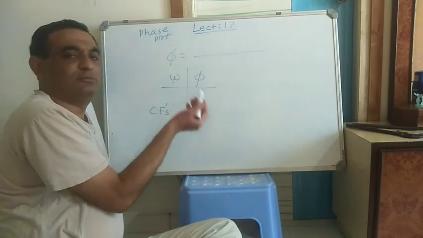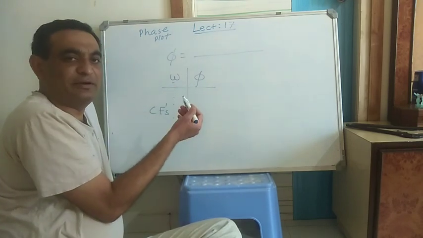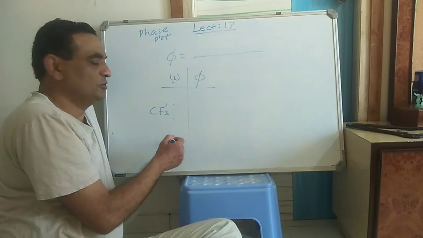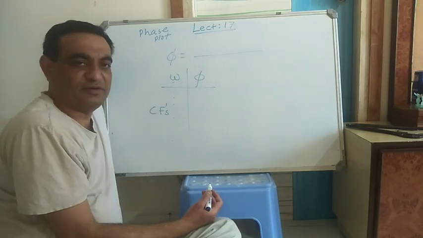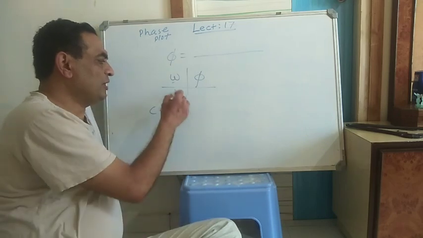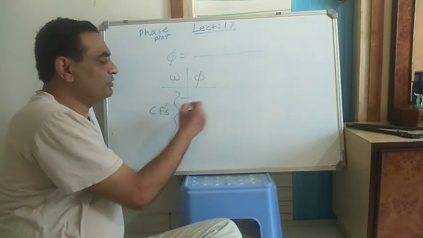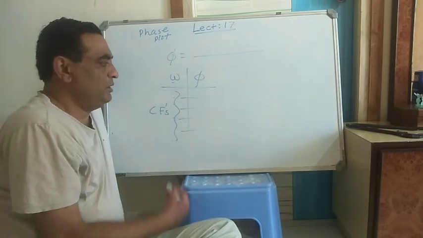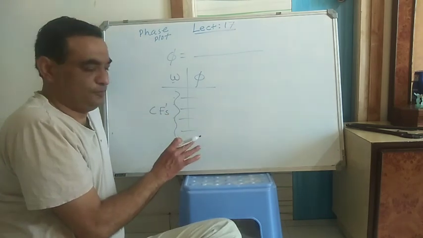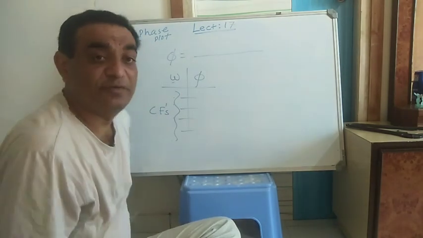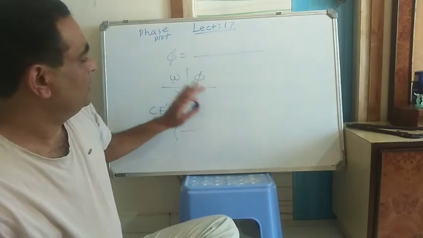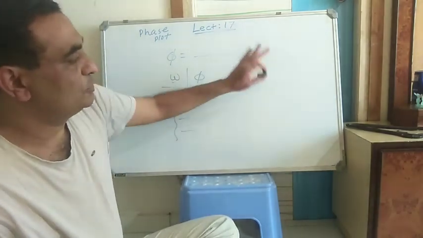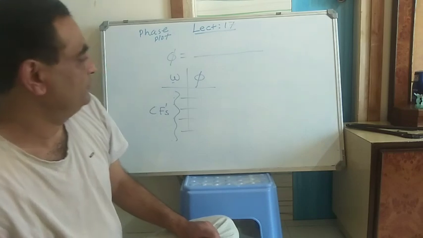You start from some lowest corner frequency, go one decade behind, and go till the highest corner frequency decade. You take all necessary omega and compute the phase. Now once you have this table with you, then you need to draw the phase plot. So let's see how we can use this table to draw the phase plot.